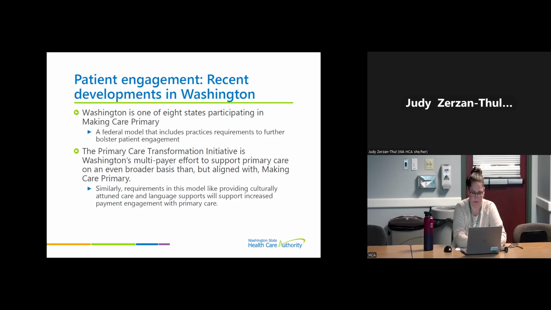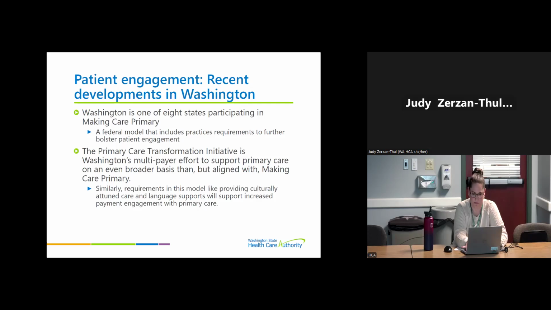So we want to start with one fairly specific example of a recent development in Washington, which is that Washington is one of 8 states participating in Making Care Primary. We've all talked about Making Care Primary many, many times, and the reason for that is that it's really quite a big deal.